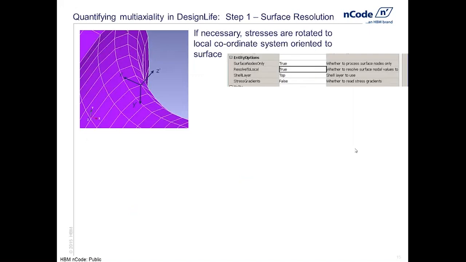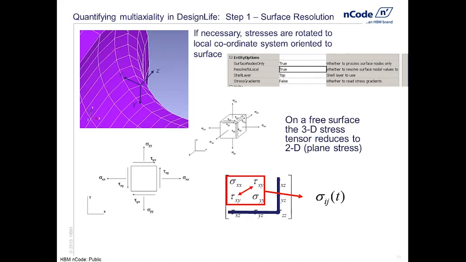If you look at the analysis group properties, there are some default settings which are surface nodes only set and resolved to local, both set to true, and these two result in local coordinate systems being defined for every surface node, where the local z-axis is a surface normal, and then we rotate the stresses to this coordinate system.